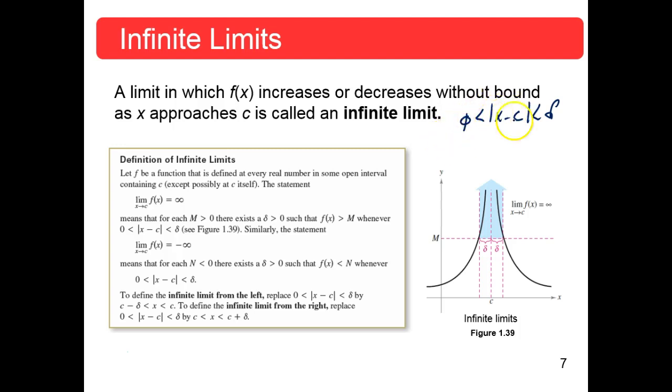Then you can write this absolute value to be x minus c, which would be less than delta. Okay, I think that's the way we're going to go. And if x is greater than c, this is going to be equal to your delta. Okay.